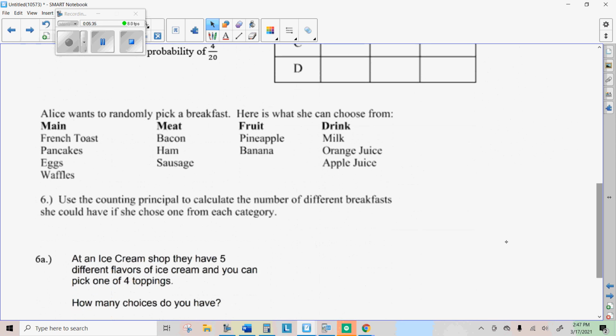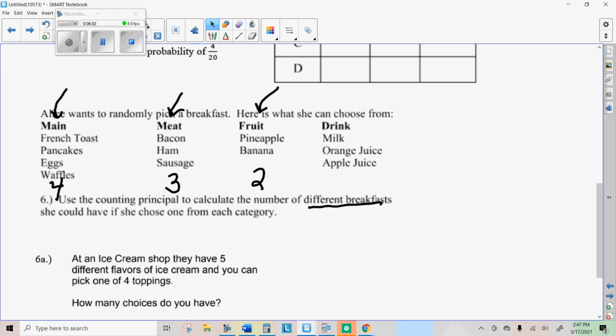On this problem, you are learning how to figure out your total number of choices. Okay, so we're going to make a breakfast. We're going to pick one of these 4 for our main choice. We're going to pick one of these 3 for our meat. We're going to have some fruit. We have 2 choices of fruit.